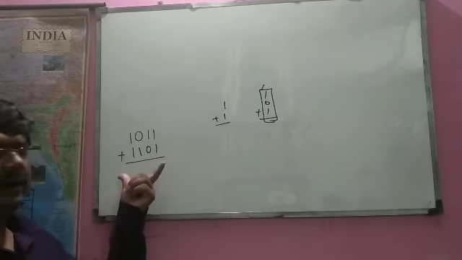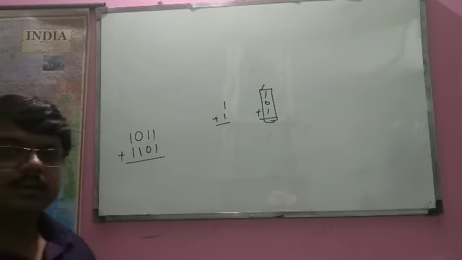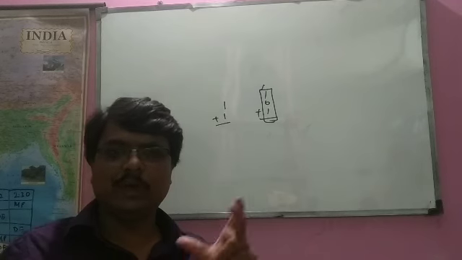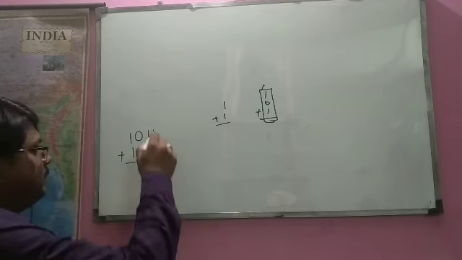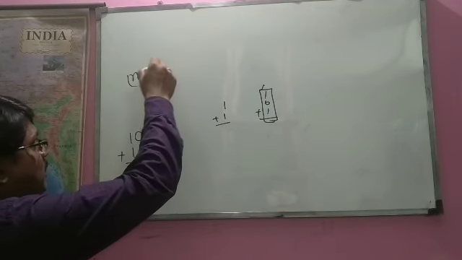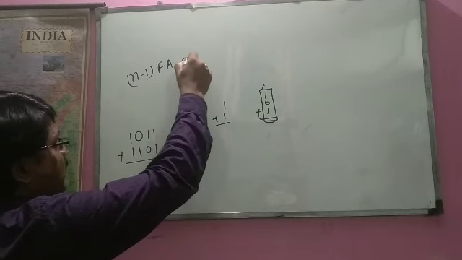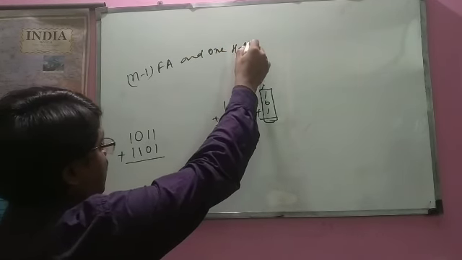So to add these types of n-bit numbers, we require n minus 1 full adders and 1 half adder.